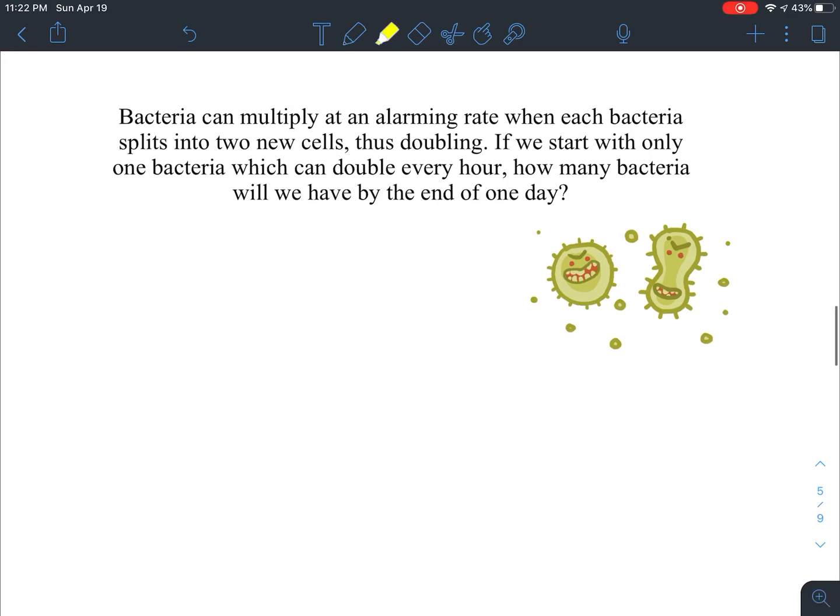It's saying that we are doubling. Doubling is one of those key words that indicate we're using an exponential function. Double means to multiply by 2. Another word like this is triple, which means to multiply by 3. So those are some key words that have values associated. So we're doubling, multiplying by 2.